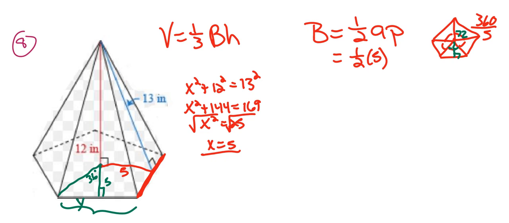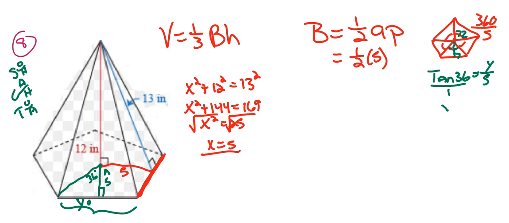So again, I need to figure out which trig this is going to be. This one is opposite, this is adjacent, so this is tangent. So it's going to be tan of 36 equals y over 5.